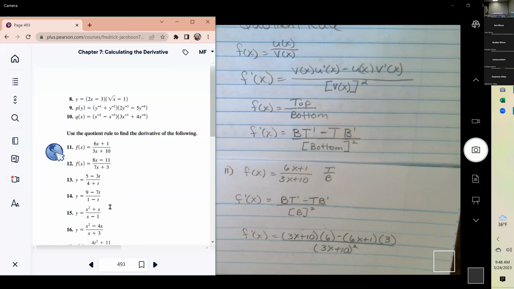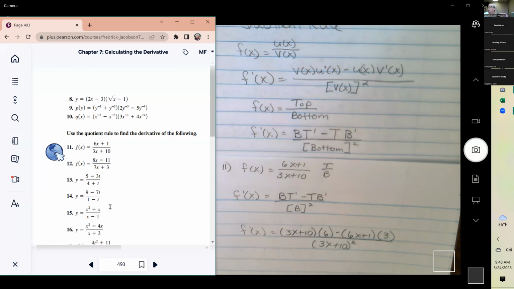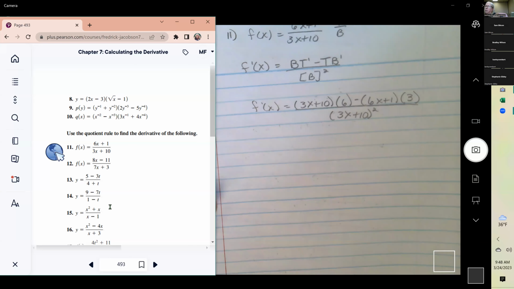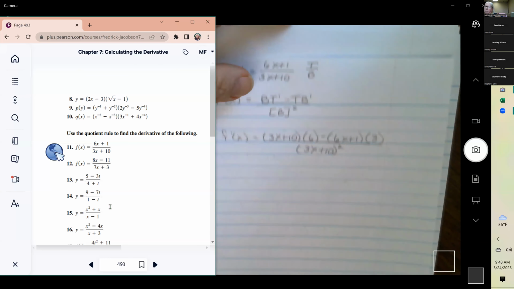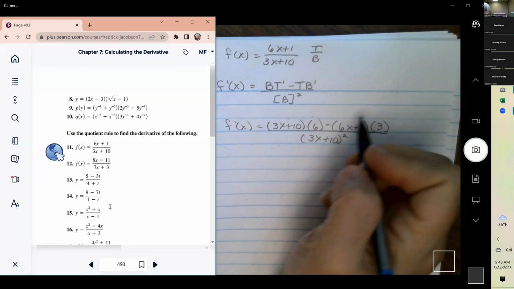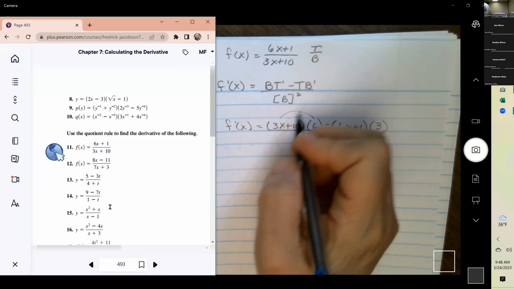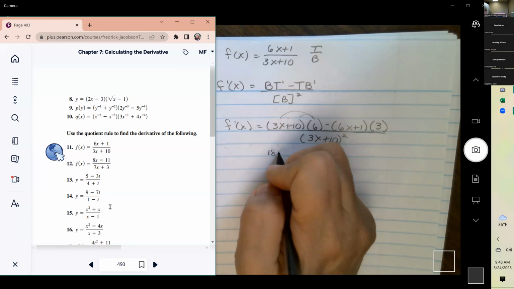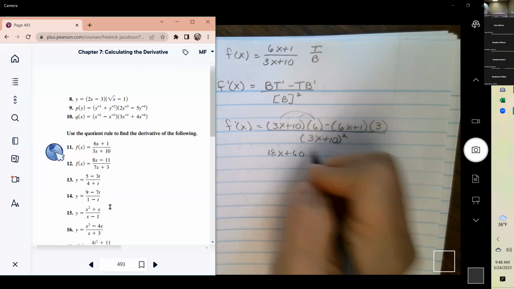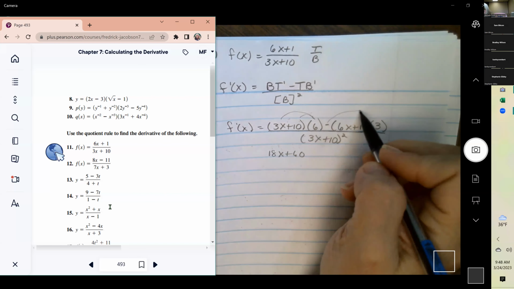There's a few cases where we want to set it equal to 0 where you'll have to simplify. But the bottom leaves squared. So if we simplify this, distributing the 6, we get 18x plus 60. Here, there's a -3.